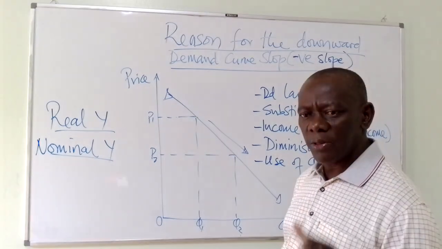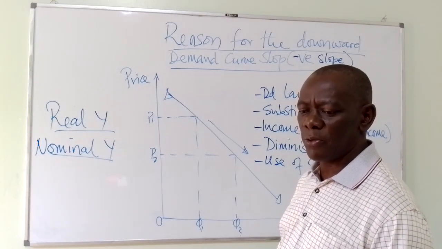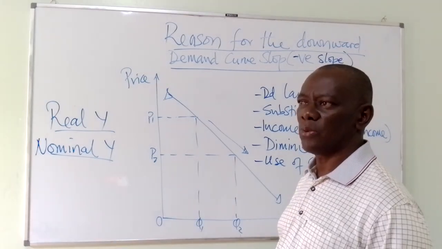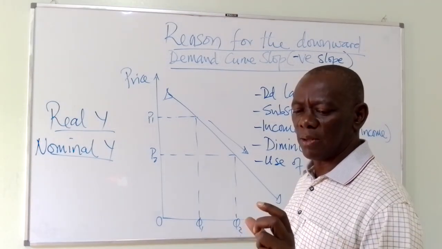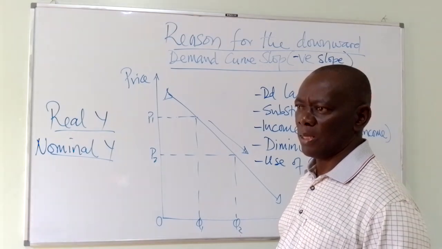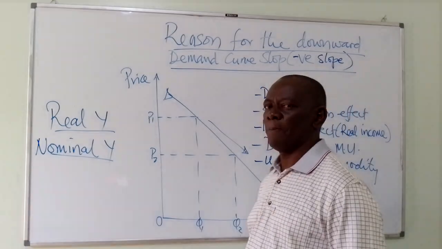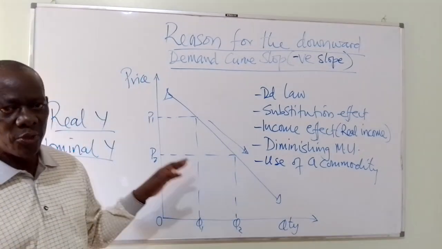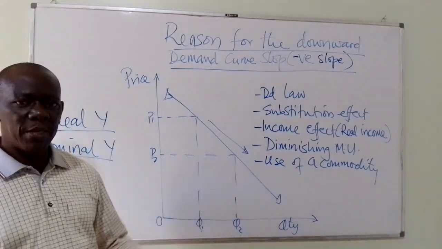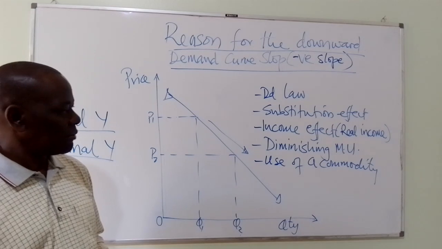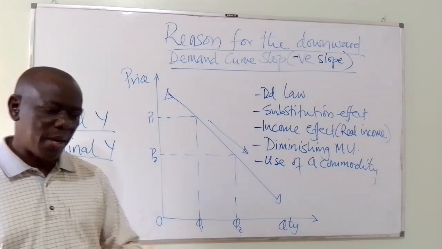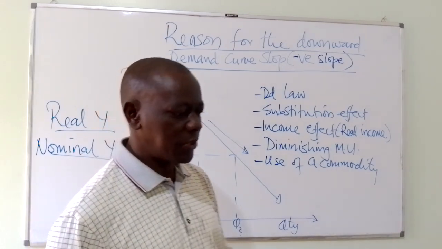So among the poor people whose incomes are low, they tend to buy more commodities when the prices are low. Because he's a poor man, he cannot afford to buy a lot of commodities. So he tends to buy when the price goes down. If your income is say 10,000 and you have to buy several things, you only buy more when the price goes down.